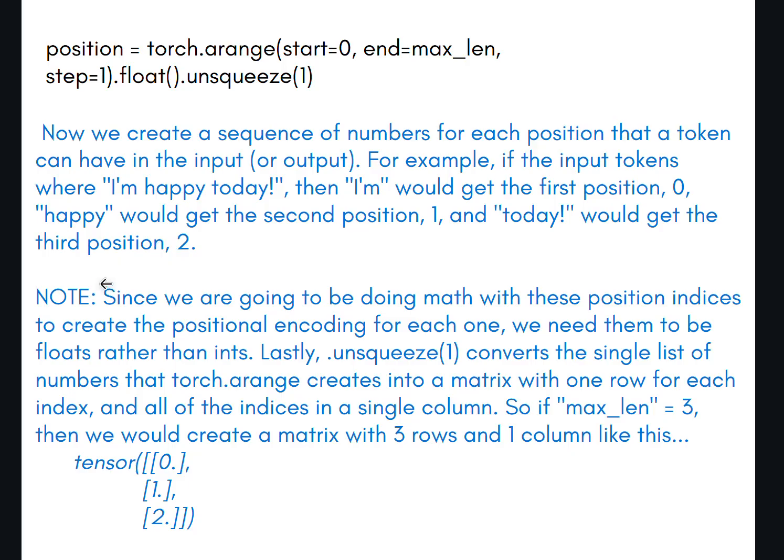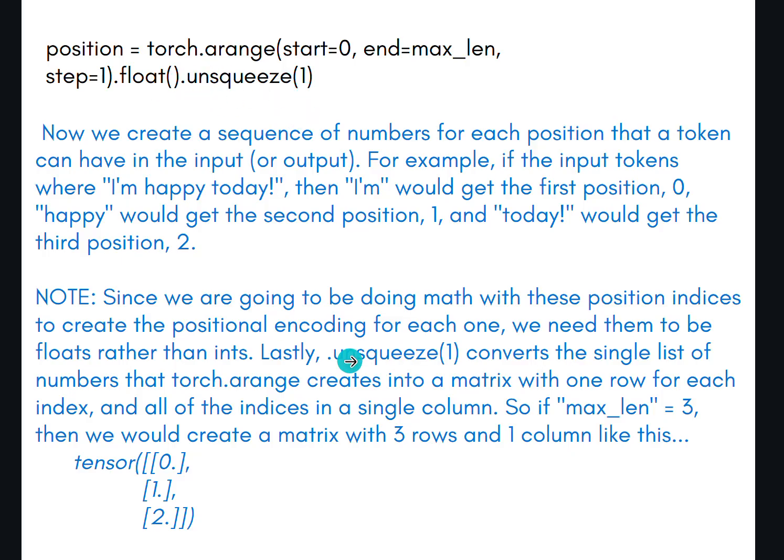Since we are going to be doing math with these position indices to create the positional encoding for each one, we need them to be floats rather than integers, as I was mentioning. That's the reason we chain it with the float function, and then unsqueeze 1.